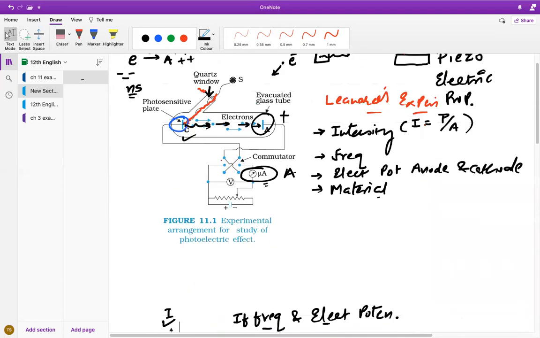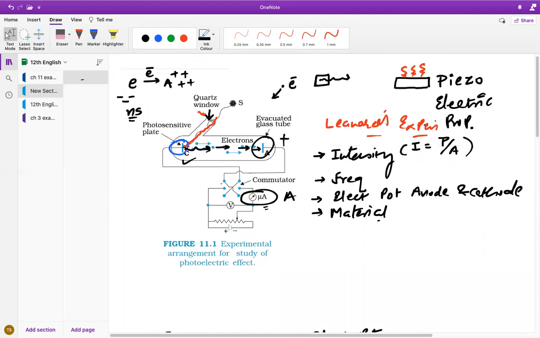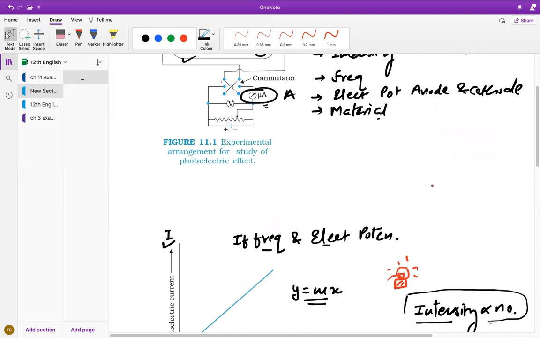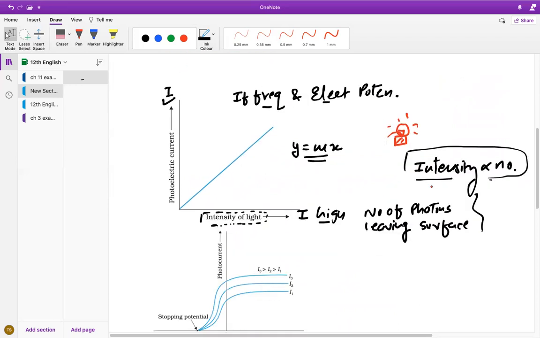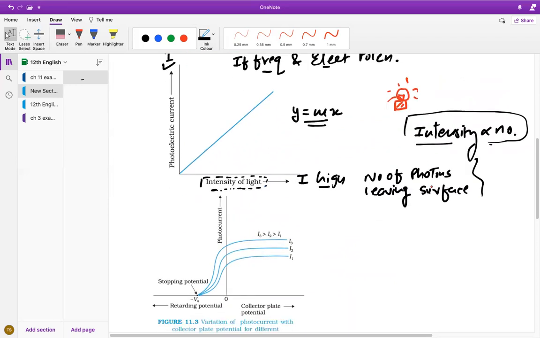In the previous figure I have a cathode and an anode. In the previous experiment my frequency and electric potential were constant, but in the second part I am keeping my intensity constant, and I am keeping my frequency constant.